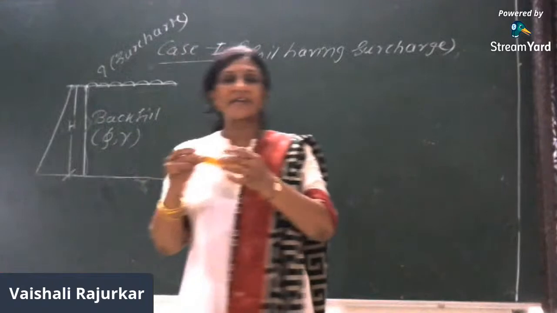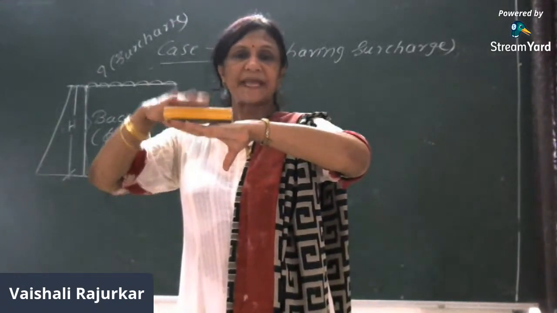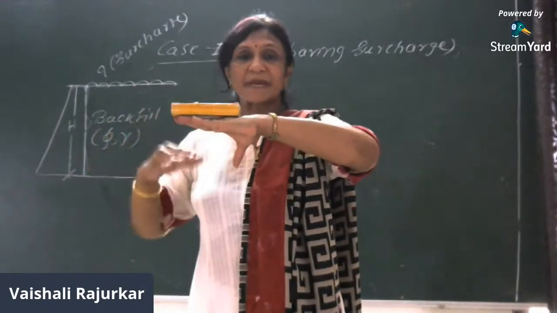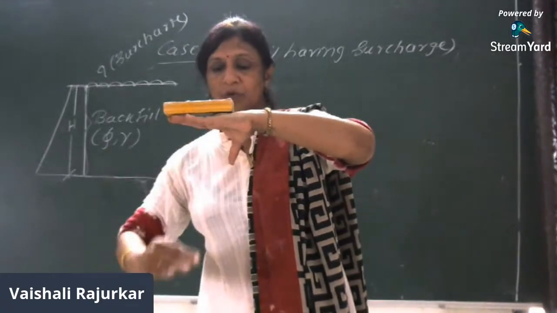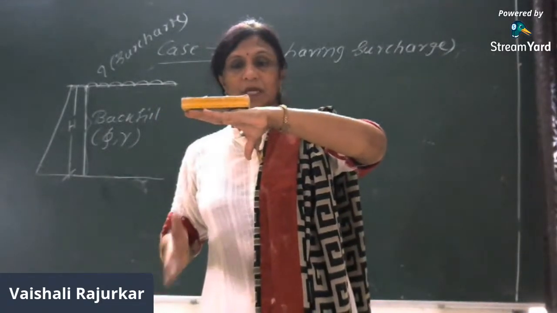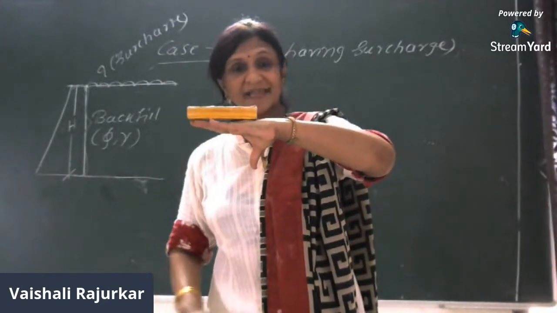Now, above the backfill, this surcharge is placed directly. So this surcharge pressure will act throughout the backfill zone, throughout the wall section. It will be the same over here, the same at the bottom.